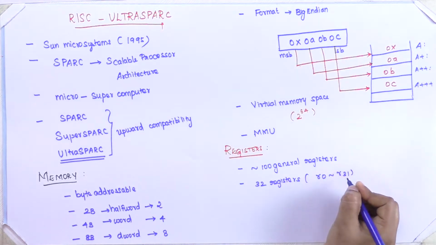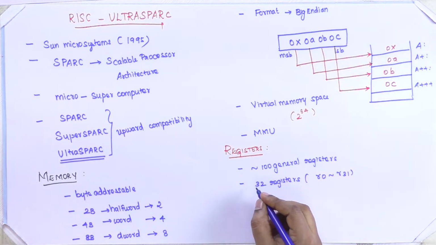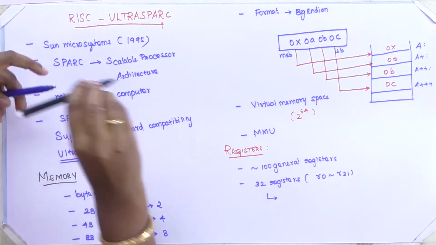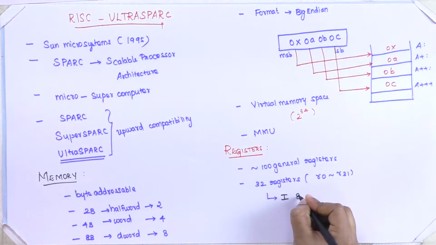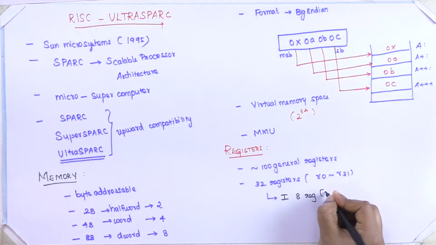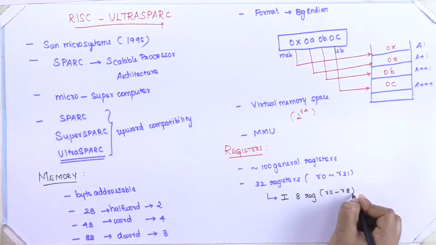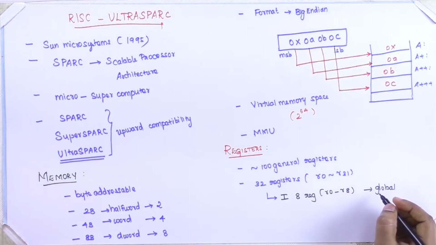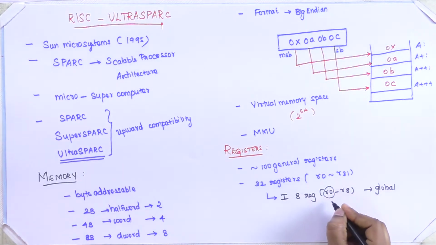In those 32 registers, the first 8 registers, R0 to R7, are global registers, that is, they can be accessed by all the procedures of the system. R0 will always hold the value 0.